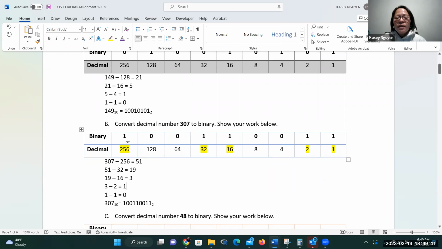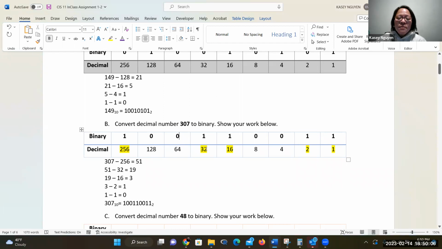I know that from 307, I can subtract 256. So I put a 1 on top of that. As I subtract, I'm left with 51. I cannot subtract 128, that's too high, so put a 0. I cannot subtract 64, that's too high, put a 0.